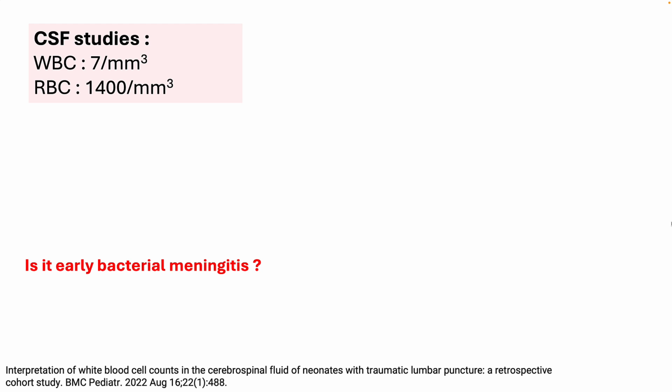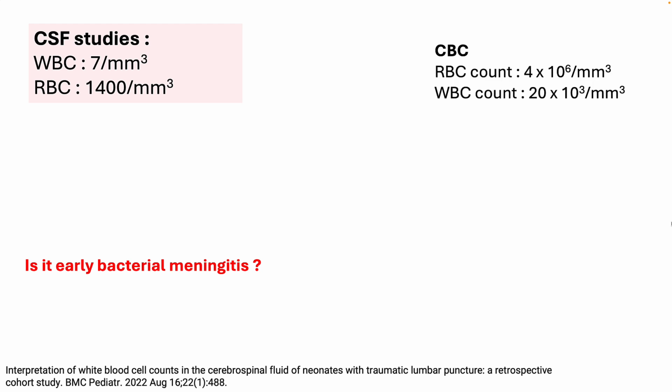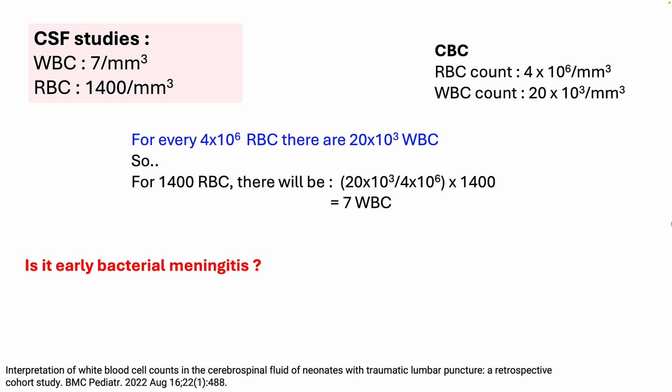So let's look at the same case. Your white cell count is 7 and your RBC count is 1400 per millimeter cube. You looked at the CBC and found that the RBC count is 4 million per millimeter cube and WBC count is 20,000 per millimeter cube. So for every 4 into 10 raised to the power 6 RBCs, there are 20 into 10 raised to the power 3 WBCs.